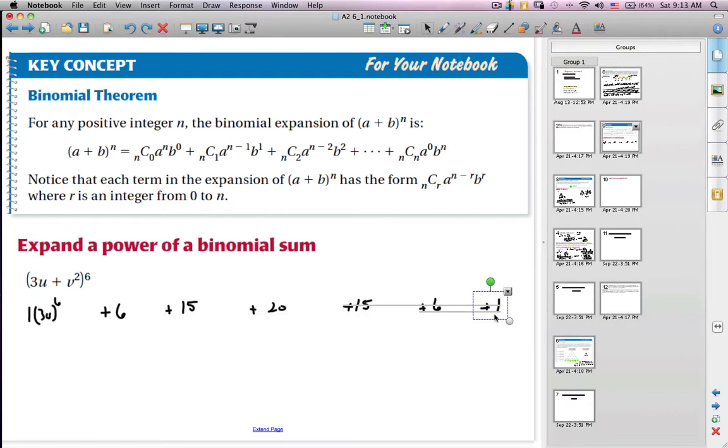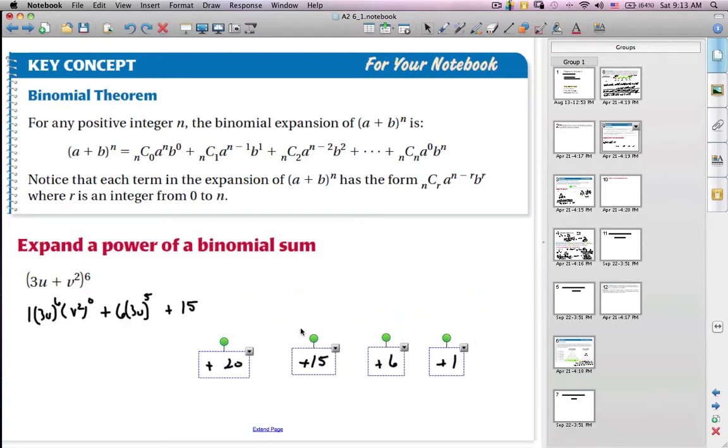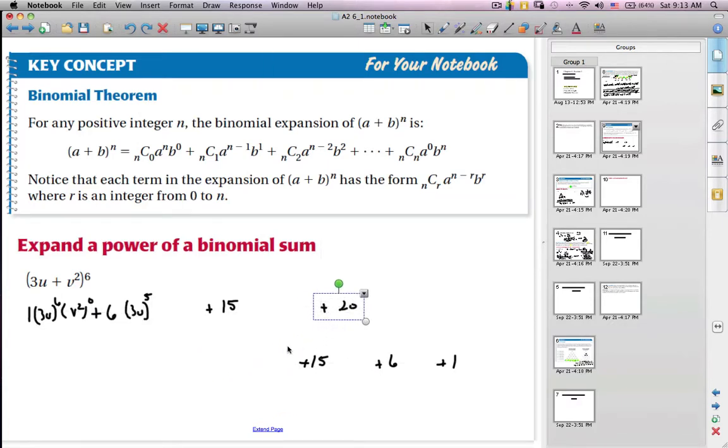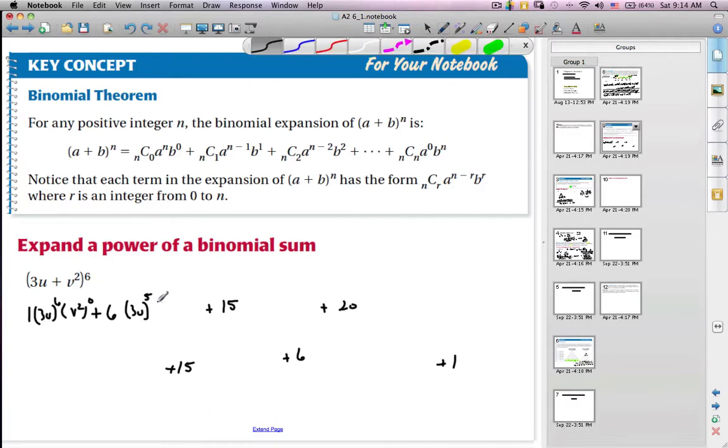All right, and then I'll have v squared to the 0 power. And here I'll have 3u to the 5th. I still didn't make enough room. This is complicated because by the time you get done writing all this stuff, it gets to be pretty big. So I'll have a lot of space, and then I'll take the time to simplify it.